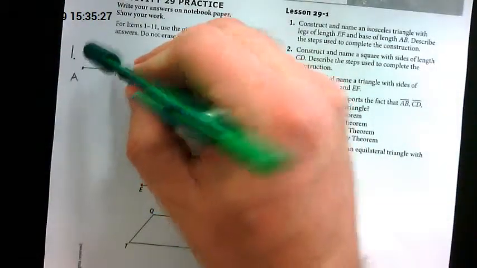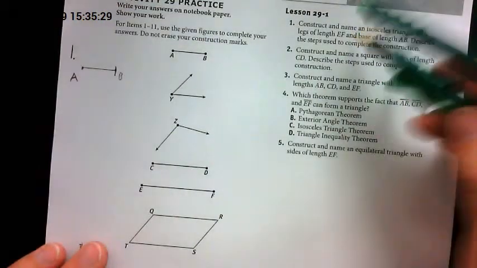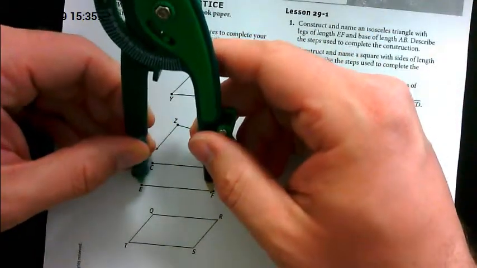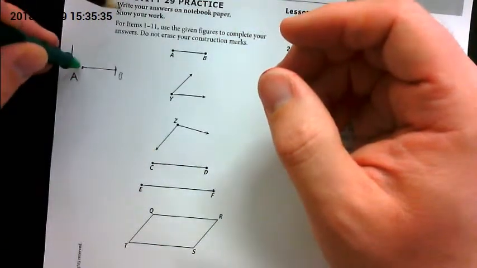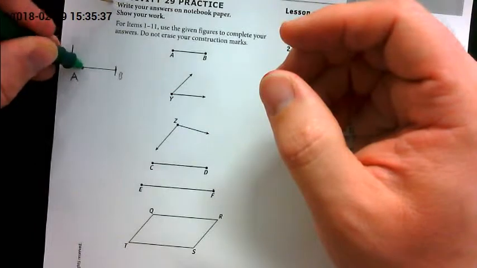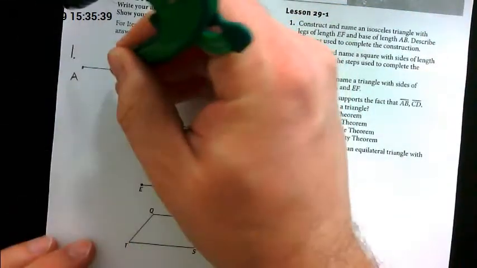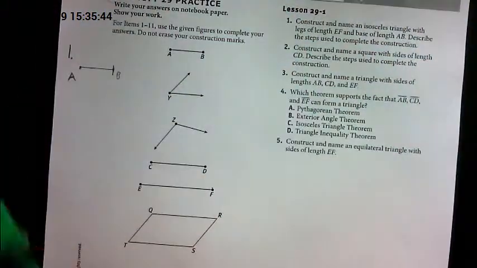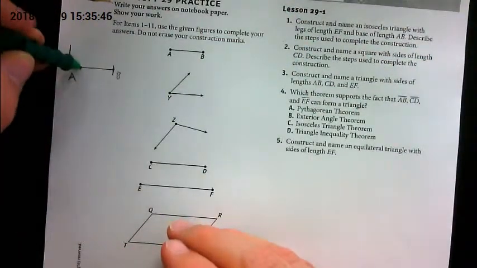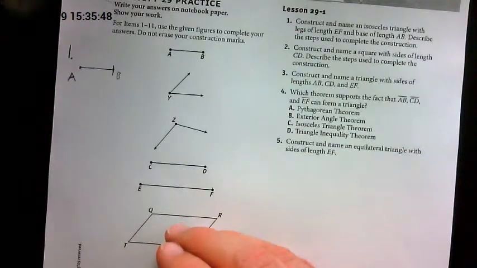Then they want our legs to be the length of EF. So go down to EF, open your compass, get the length of EF, and you could choose to either swing your compass up top from A and B, or you could have swung it down low.